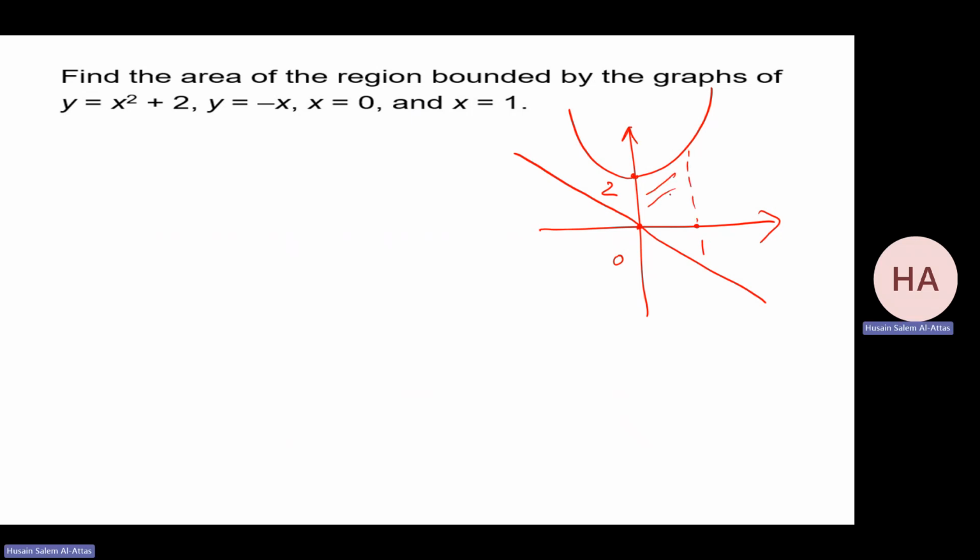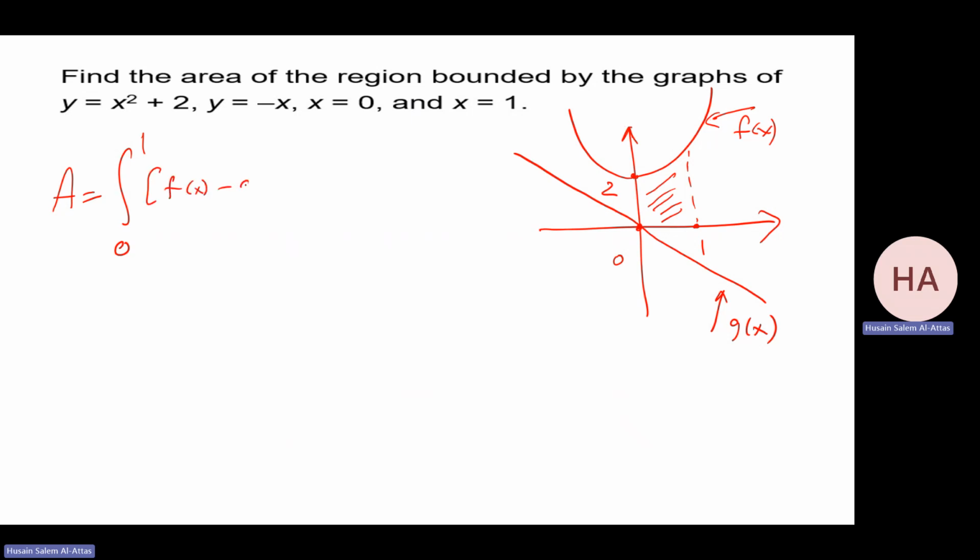So I'm talking about this area. It will be the upper function f of x minus g of x, so it will be the integral from 0 to 1 of f of x, the upper function.